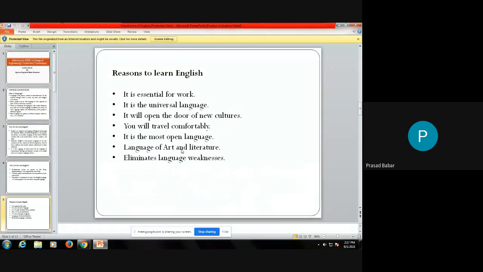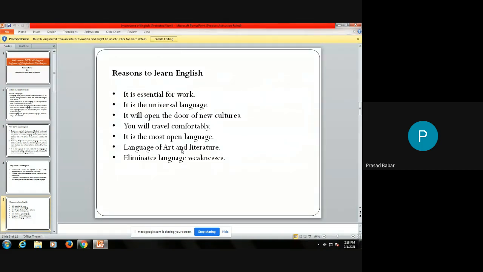If we don't know the English language, or if we can't read or understand English, then how will you know the culture of other countries or other states? Let's take an example of India.